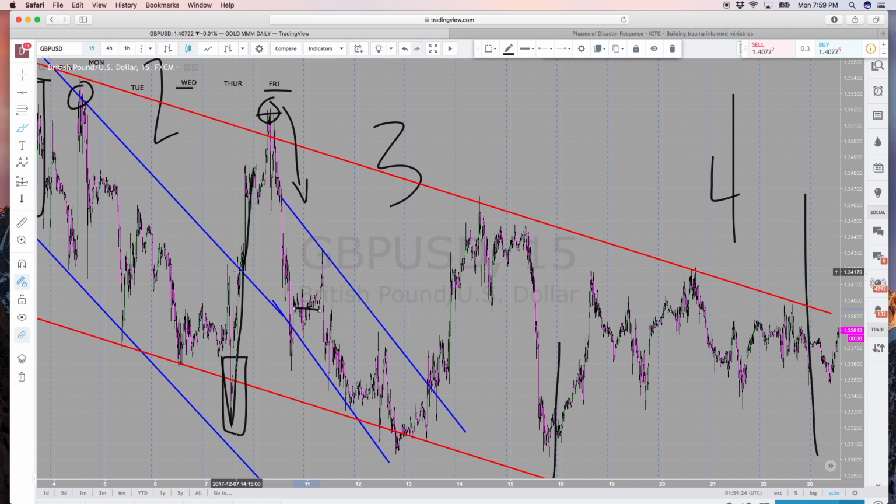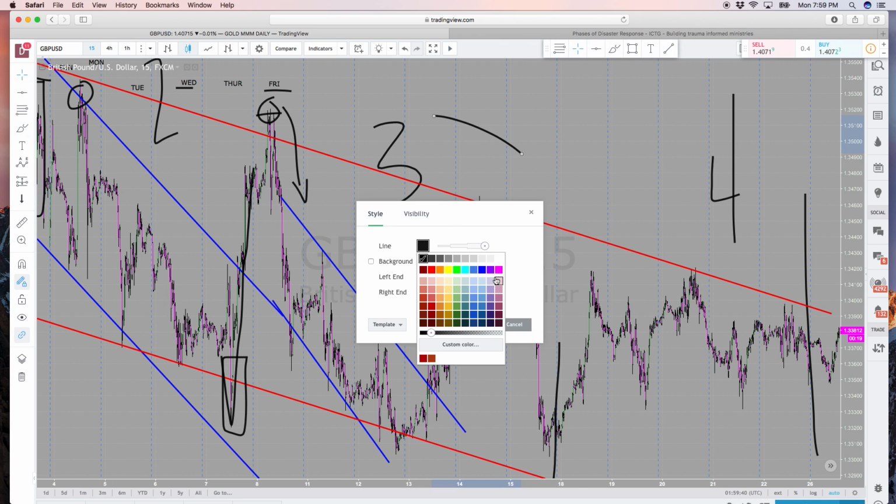So check this out. Let's actually trace what we see here. And let's do it in a really nice looking marker. Purple.